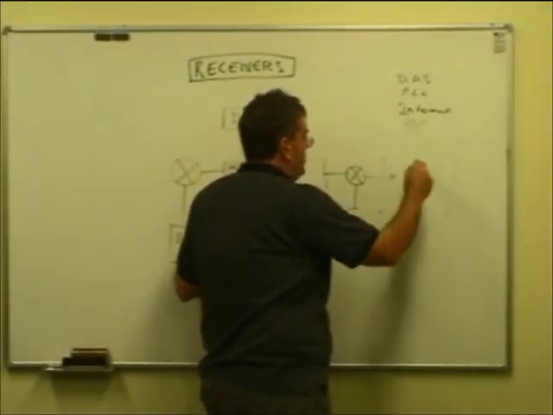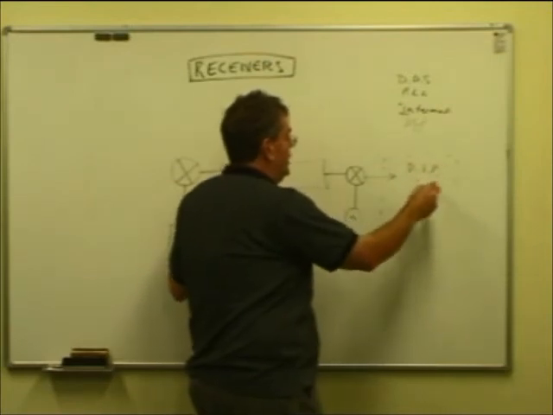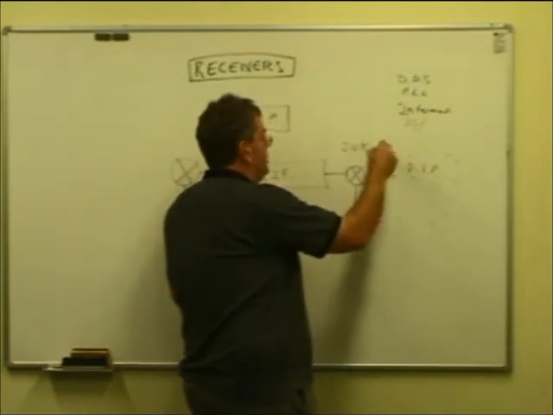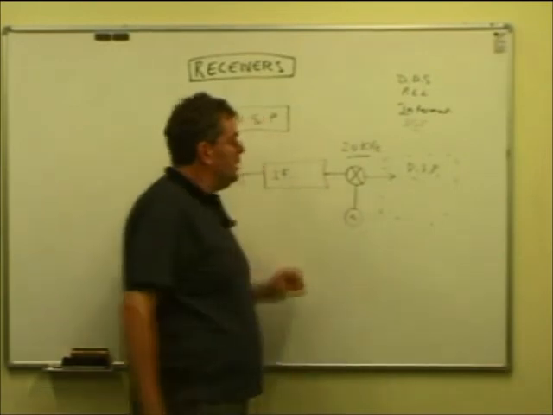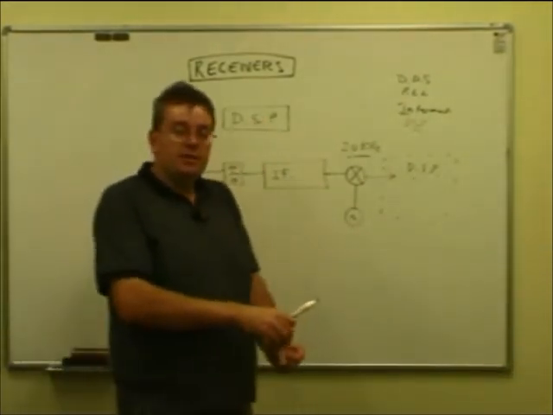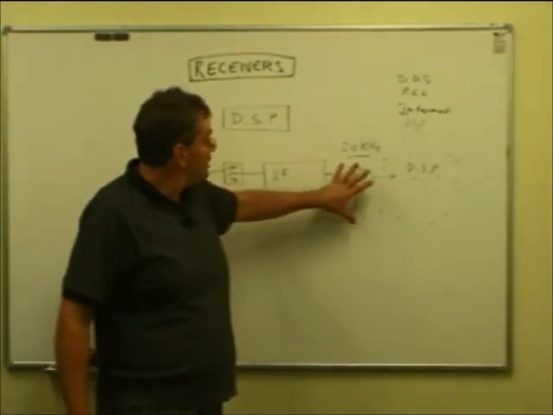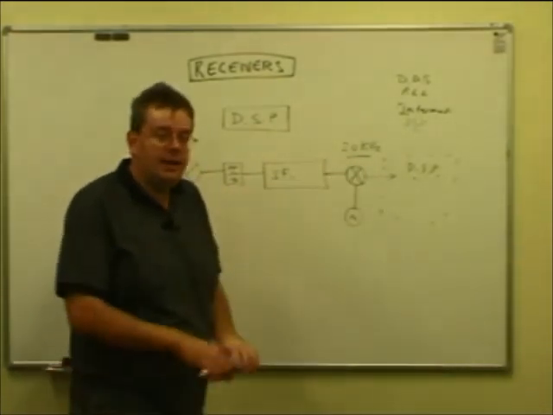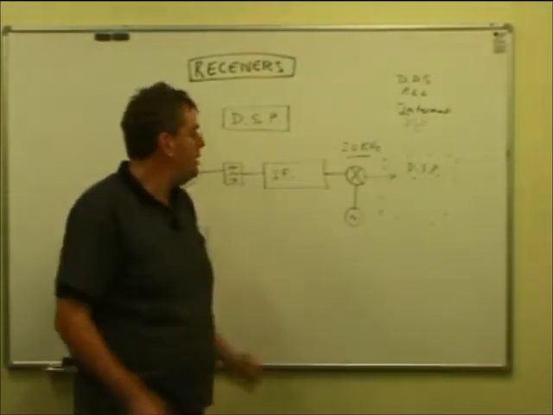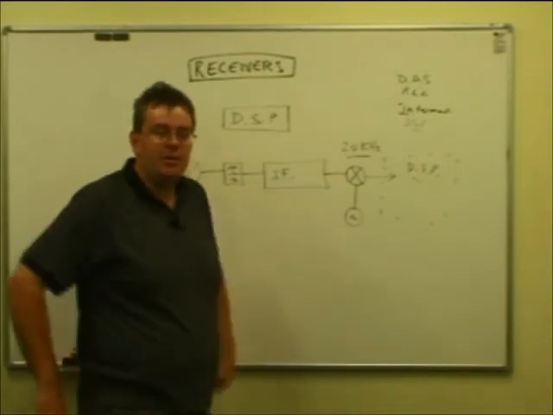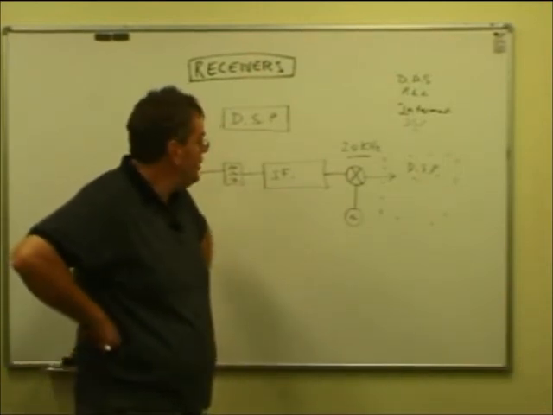You enter the DSP, so it can convert it down to quite a low IF, maybe say like 20 kilohertz. In the old days that was done to get the selectivity. Well, no, that's not a problem nowadays. You've still got that selectivity here. What they do is convert it down to a lower frequency that a microprocessor system can sample and digitize quite happily.